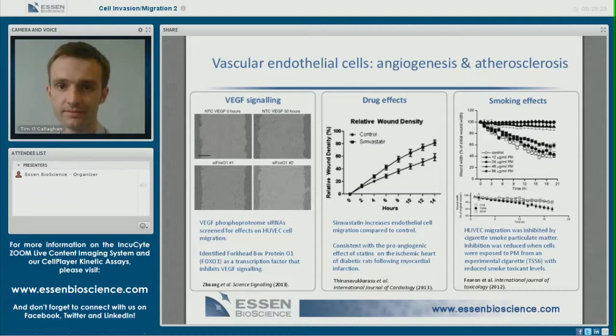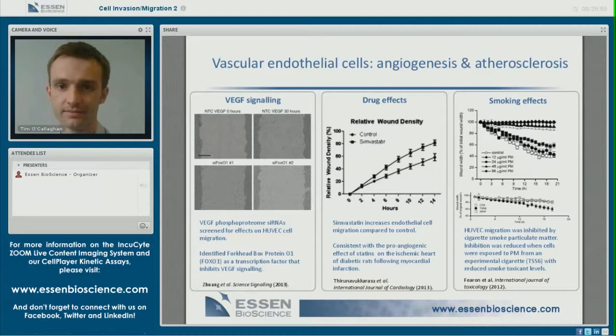They screened VEGF phosphoproteome siRNAs for effect on HUVEC cell migration. In the study, they identified forkhead box protein O1 as a transcription factor that inhibits VEGF signaling.